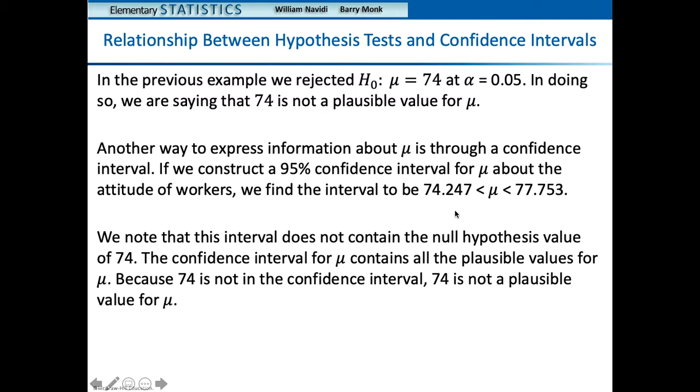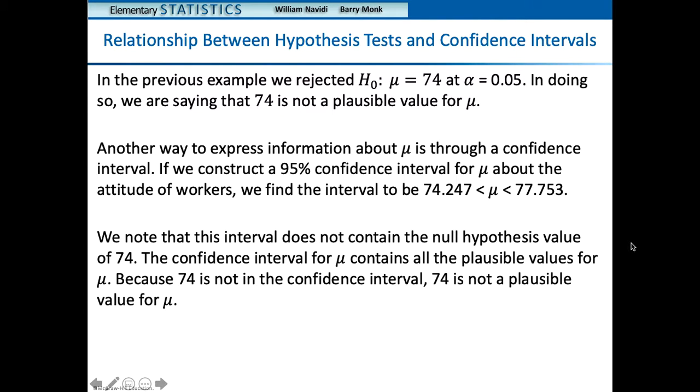It would be an interval that says that mu, the population mean, falls somewhere between 74.247 and 77.753 with 95% confidence, right? And we note that this interval does not contain the null hypothesis value of 74, right? 74 falls completely outside this interval.